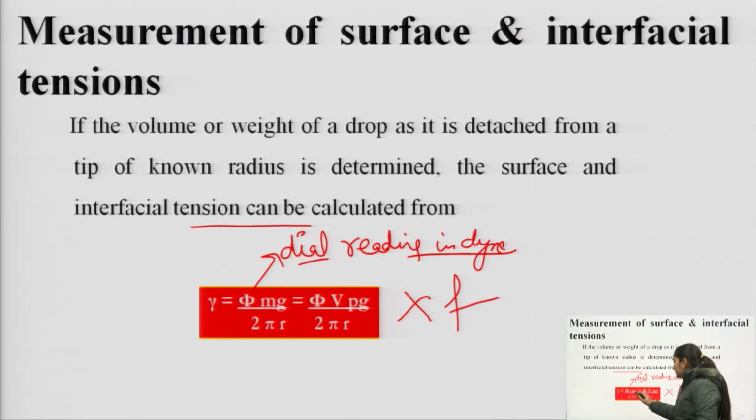Okay. In this, M is the mass, g is the acceleration due to gravity, V is the volume, rho is the density. So, with the help of this formula, we can easily calculate the surface and interfacial tension.